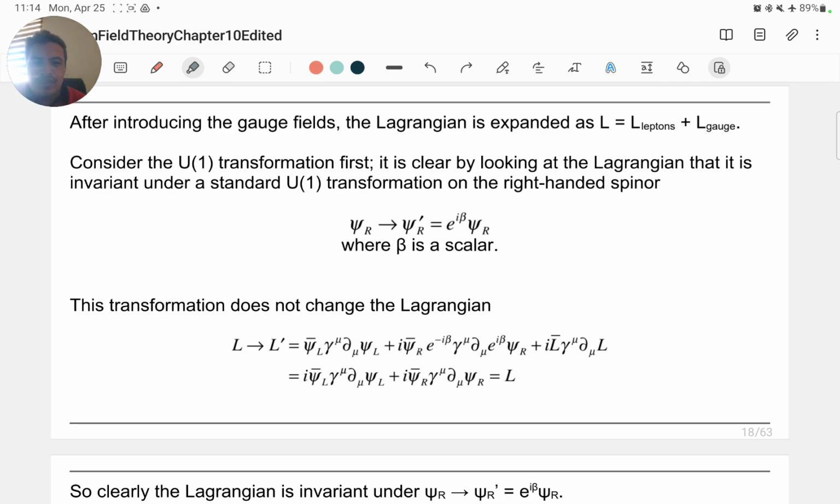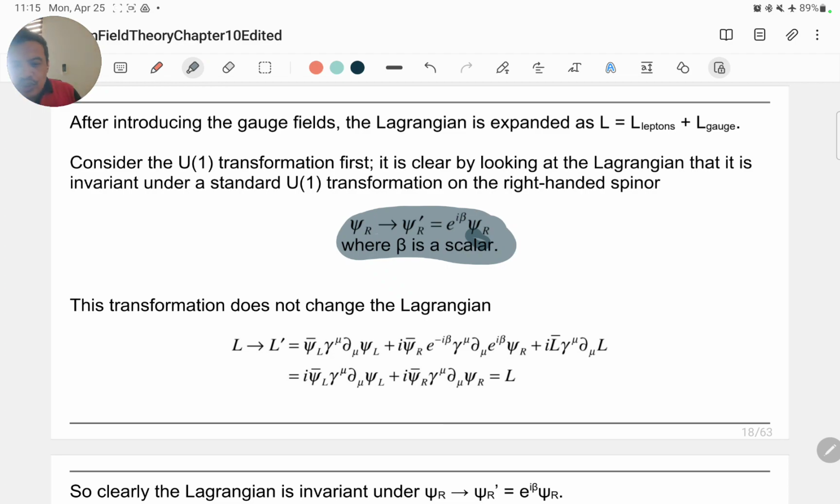Now going back, let's consider the U1 transformation. It is clear by looking at the Lagrangian that it is invariant under a standard U1 transformation for the right-handed spinor here.